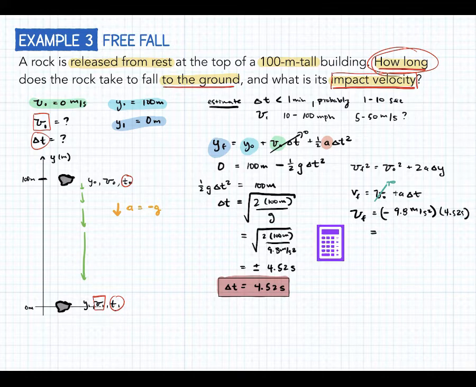So we plug those in. That gives us a V final of negative 44.3 meters per second. So that's our V final, which we'd call V1 in this case. And let me fix that over here. V1.